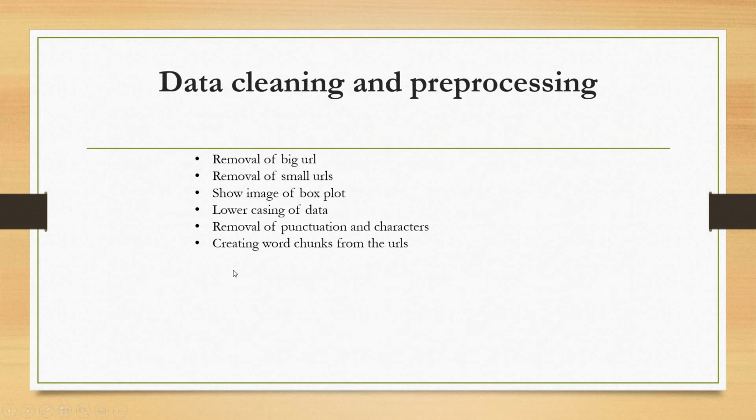And then after importing, I'm doing pre-processing. In pre-processing, I remove big and small URLs, I used box plots, lower casing of data, removal of punctuations and characters, and creating word chunks from URLs.